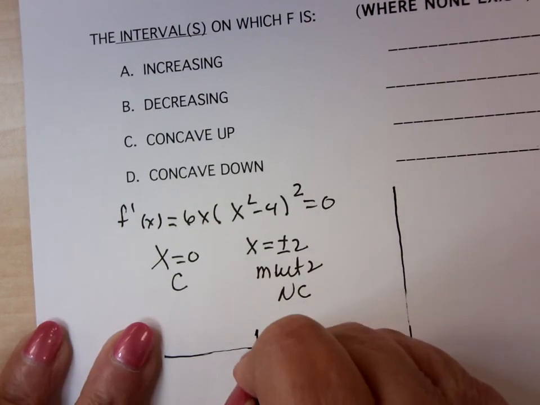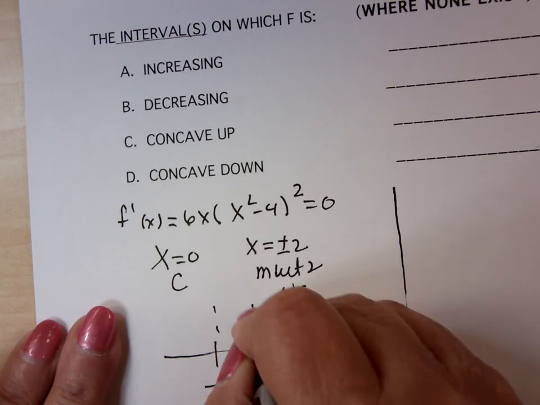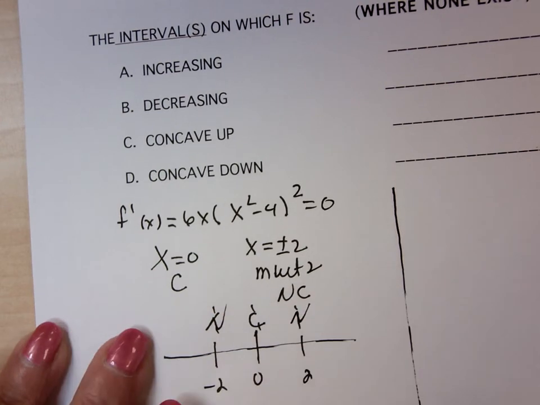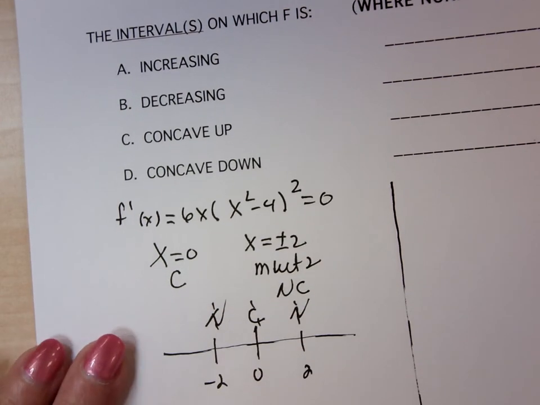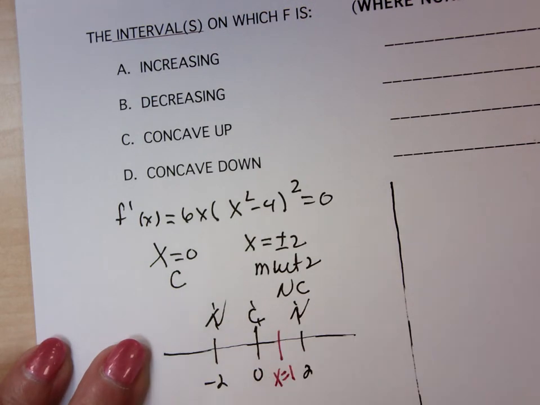So I have 0, minus 2, and 2. Change, no change, no change. So I've got a max or a min at 0, so I'm going to pull a test point, x equals 1.